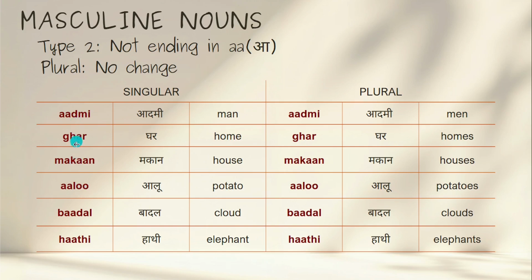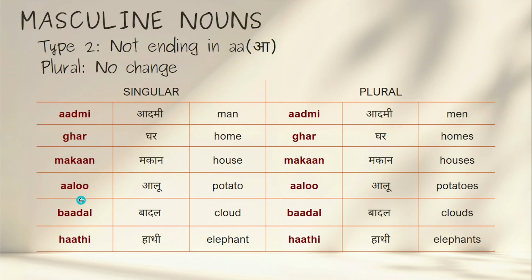Then makan. Makan is house. So makan is more of the architectural building and ghar is home with feeling. So just like home is different from house, ghar is different from makan.